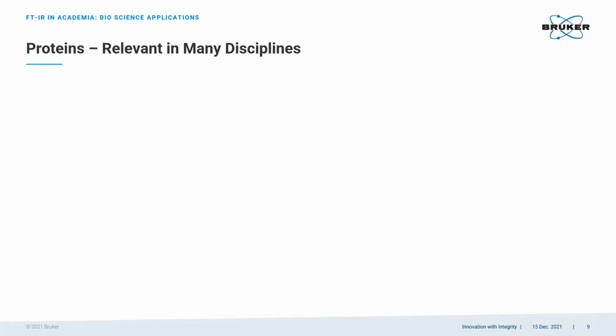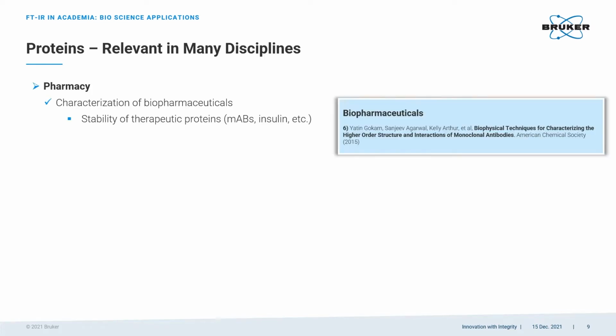The capability of proteins to protect and even heal us from diseases makes them extremely interesting for pharmaceutical research. So in the past decade, many biopharmaceuticals have been released and are used as therapeutics.